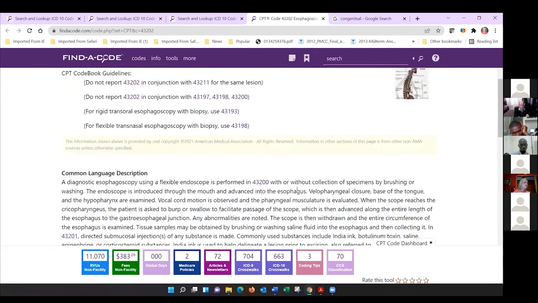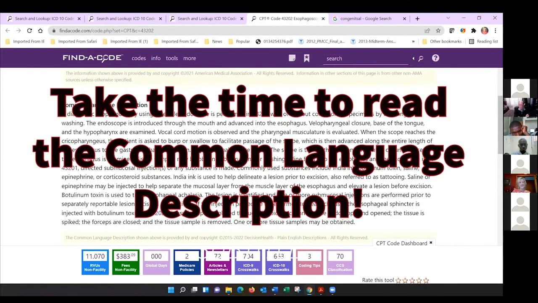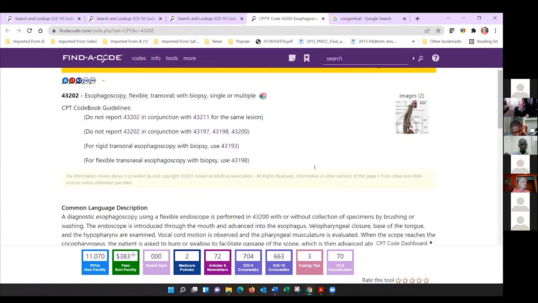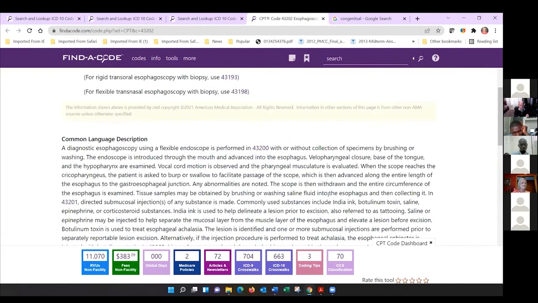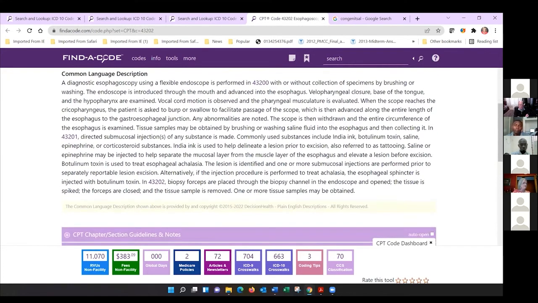And if I've not gotten anything else across today, please take the time to read this. This is just like Googling this procedure. This is going to tell you what it is. And this is what it is no matter where you're coding, okay?